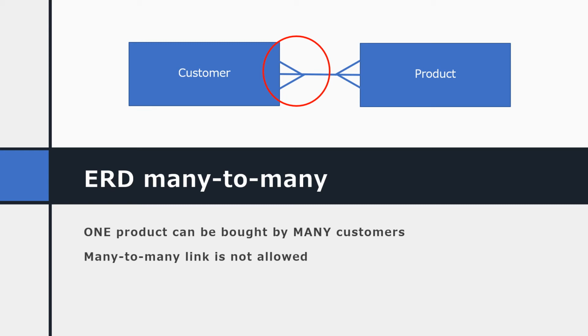One product can be bought by many customers and one customer can buy many products. This is therefore a many-to-many relationship and we're not allowed to have those in a relational database. So what's the solution? Are we going to limit our customers to a single product each? No.